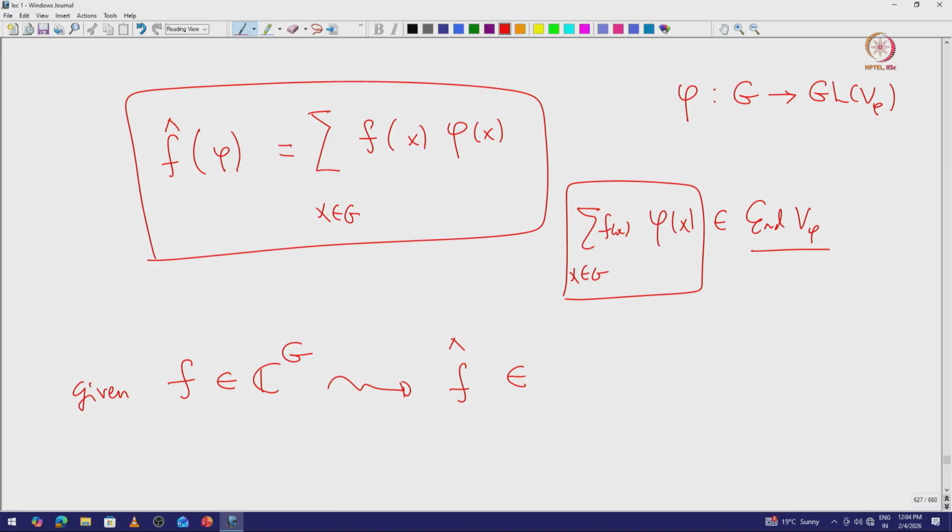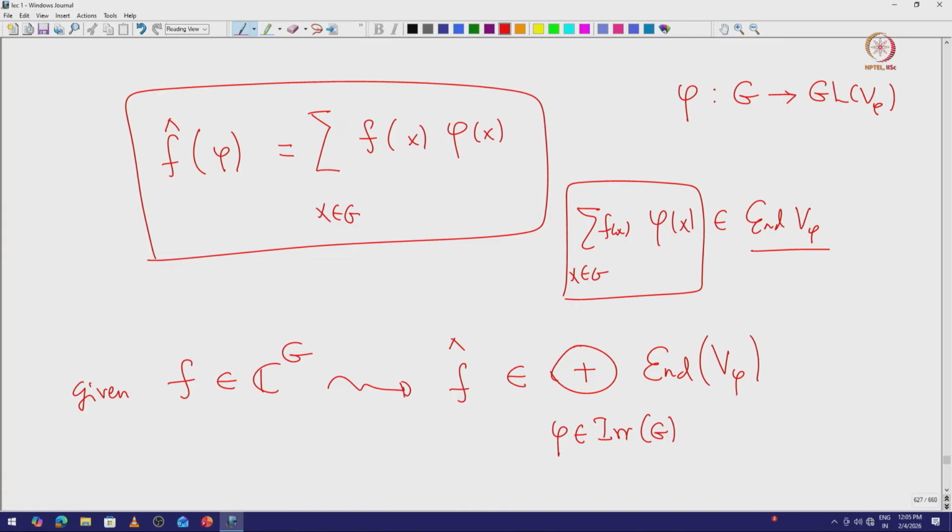each one of them, you can see that they are functions. So, basically you take it to be the direct sum of the endomorphism of V phi, where phi comes from the irreps of G. Okay. So, now again, what is the meaning of this f hat which is lying inside this direct sum?